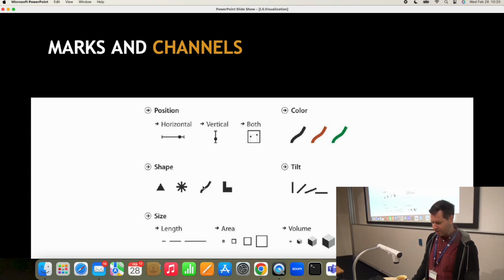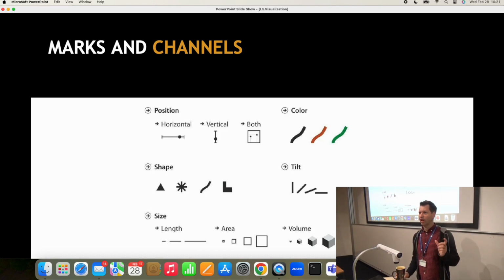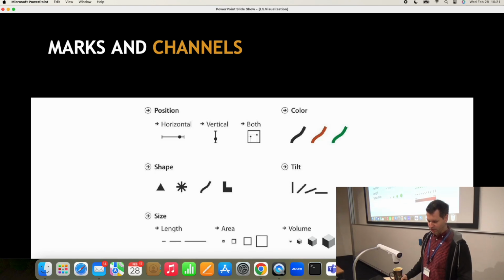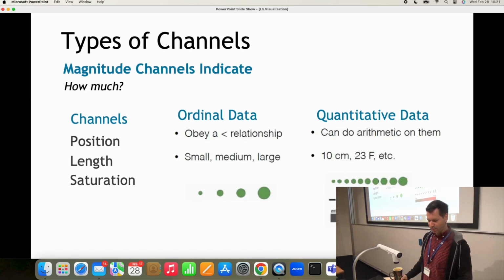We can modify their tilt, angle of tilt. We can modify their size. In a 1D instance, it's going to be length. In the 2D instance, it's going to be area. And then in a 3-dimensional instance, it's going to be volume. So we can use these marks and channels to encode data, right, as a visual representation of data in different ways.